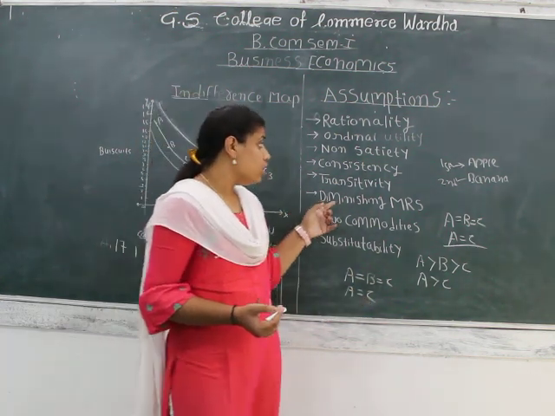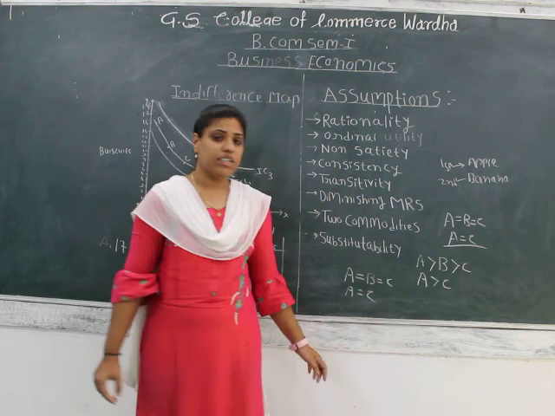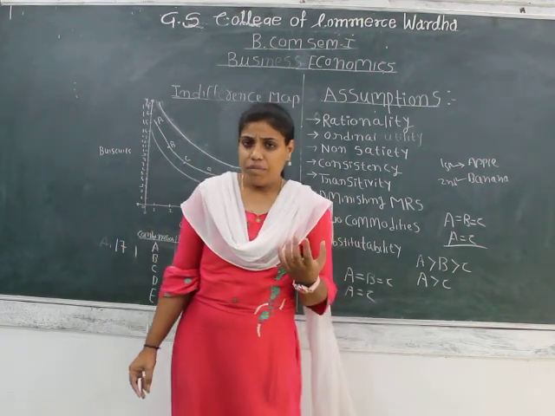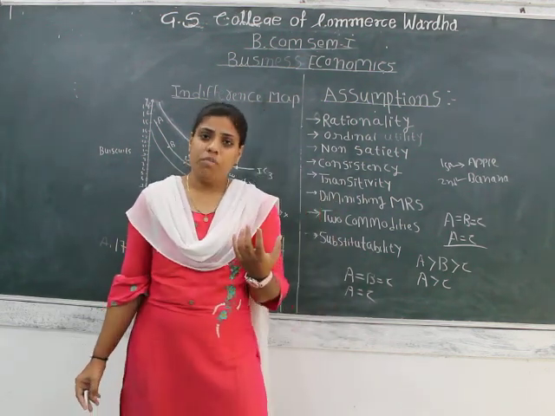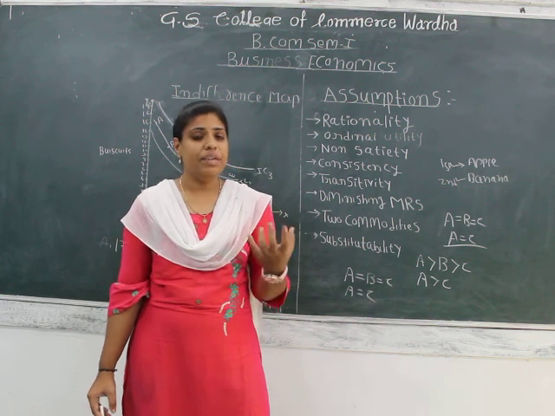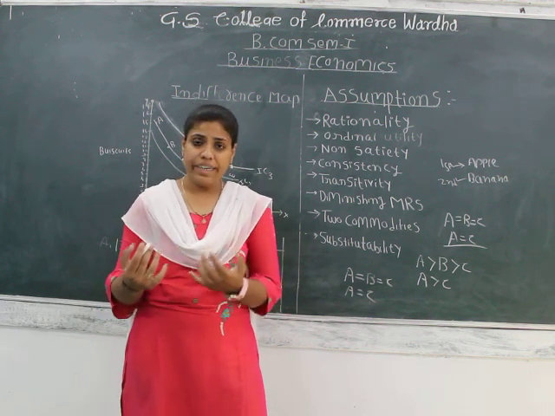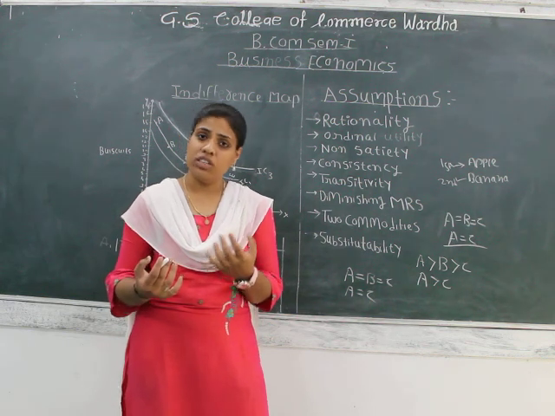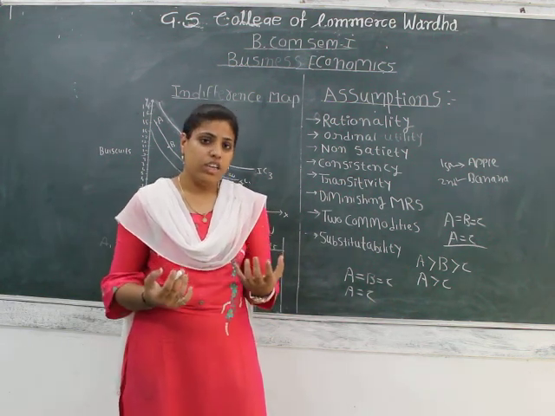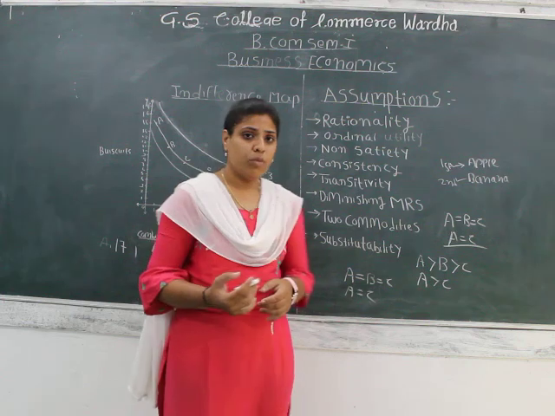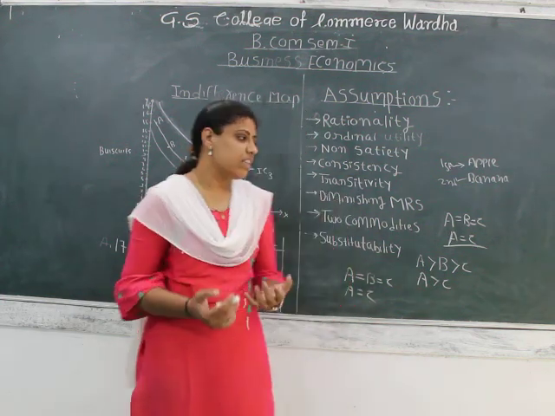So in the indifference curve technique, it is assumed that the resources are limited. So the money income of the consumer is limited and he has to spend all his income on these 2 commodities. Therefore the assumption of 2 commodities is taken under the indifference curve technique.